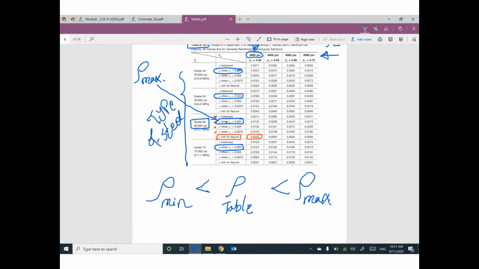Why do I not need to exceed rho maximum? Next week. Why do I not need to go below rho minimum? Also next week. We have three kinds of cross section: over-reinforced, under-reinforced, or balanced section. We will cover the difference between all of them. We don't want the steel reinforcement to exceed rho maximum by any means.